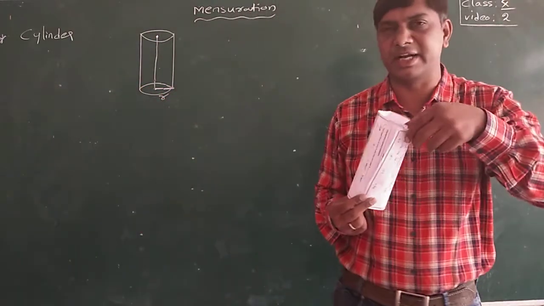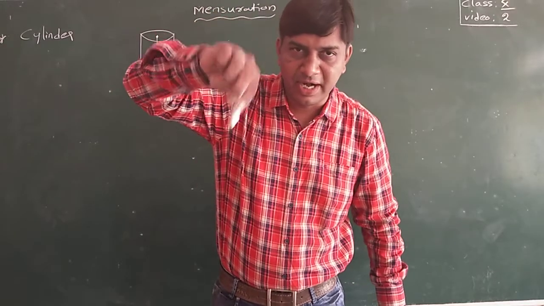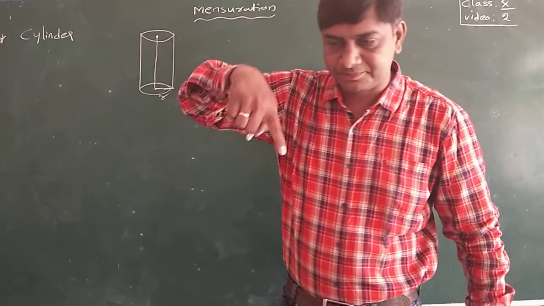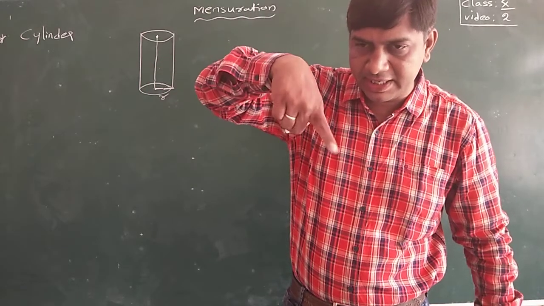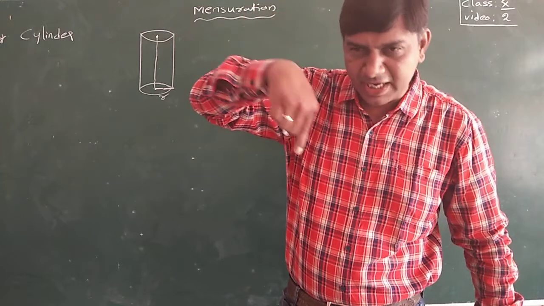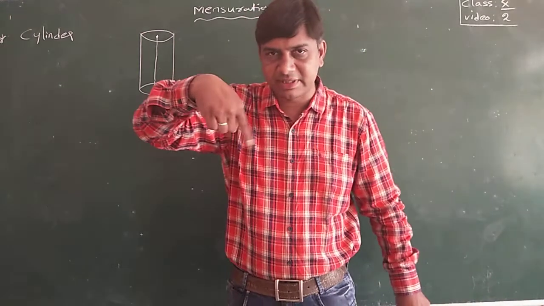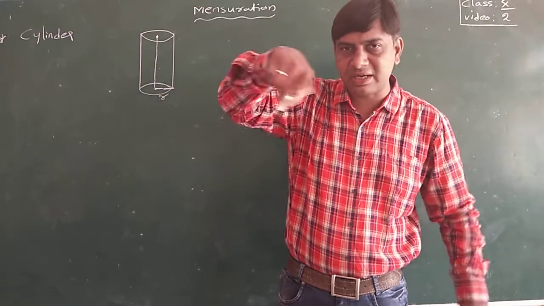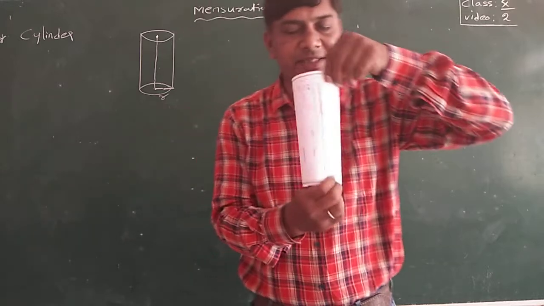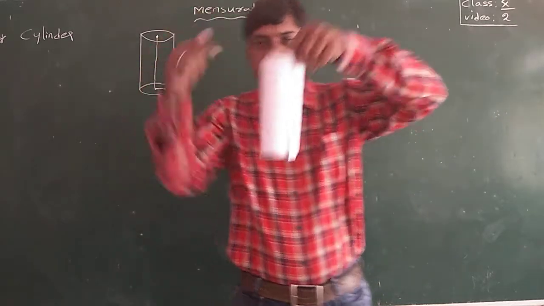Take one chalk and rotate it around a fixed line, perpendicular, with a fixed radius distance. So you get a circular shape. That is what we call a right circular cylinder: center to center is at a right angle.